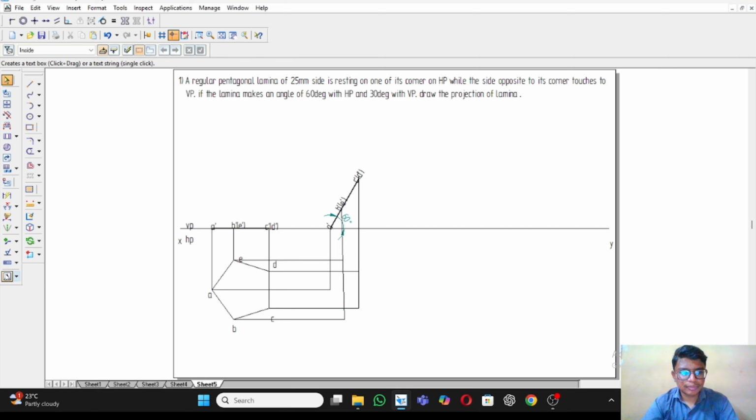Now let's name this part also before projecting the parts. This is A. This one is D. Project the line.